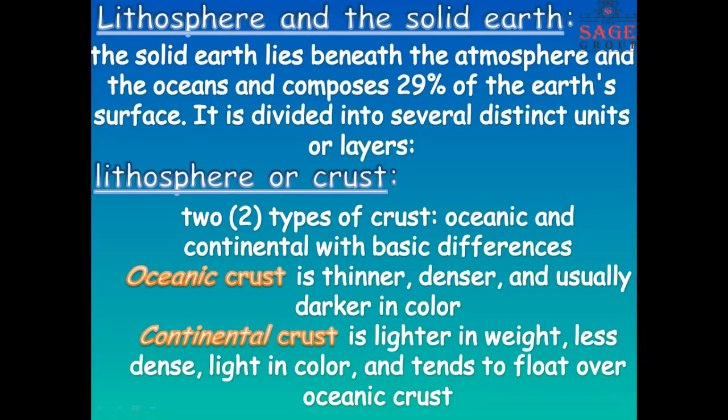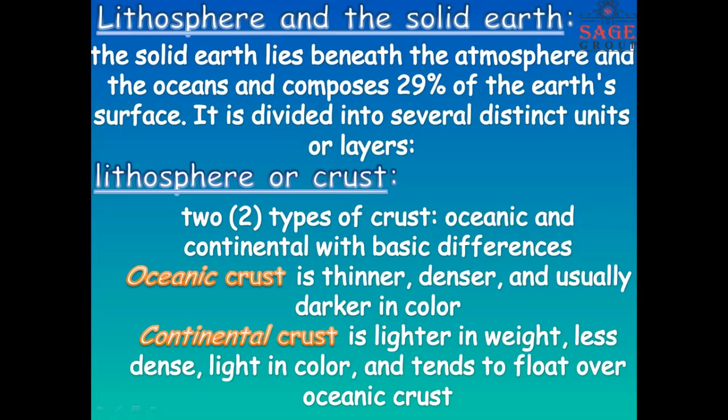Now, what is the lithosphere and the solid Earth? The solid Earth lies beneath the atmosphere and the ocean, and it composes 29% of Earth's surface. It is further divided into several distinct units or layers. There are two types of crust: oceanic crust and continental crust.